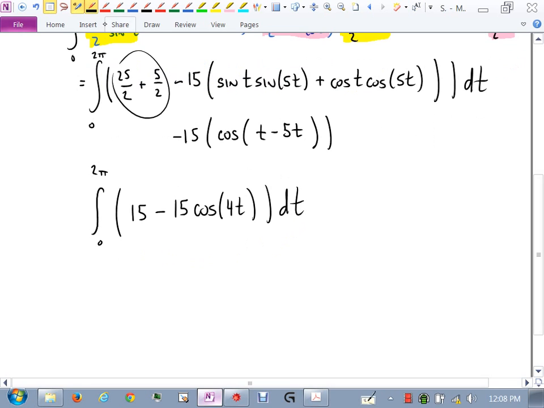What's the antiderivative here? 15t minus or plus 15 fourths sine 4t evaluated 0 to 2 pi.